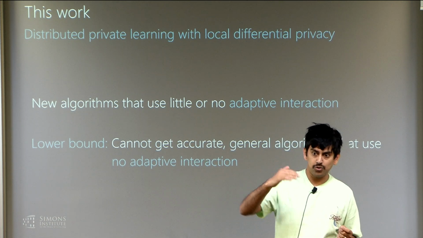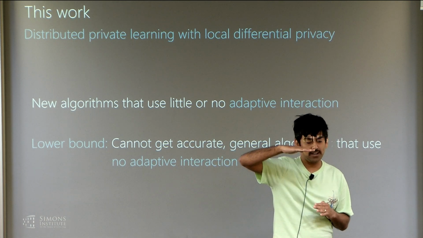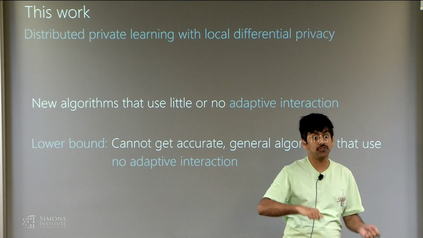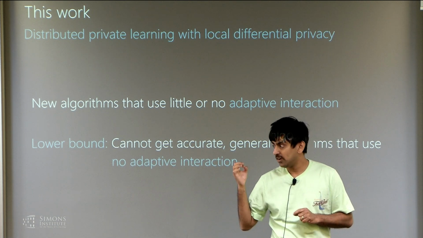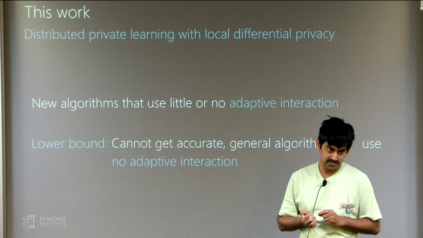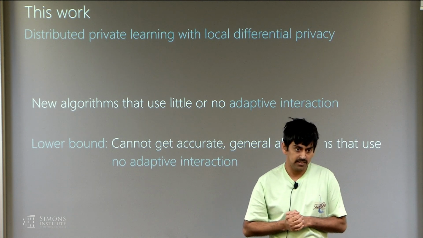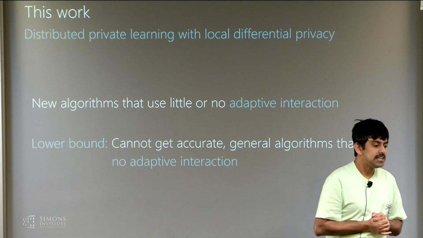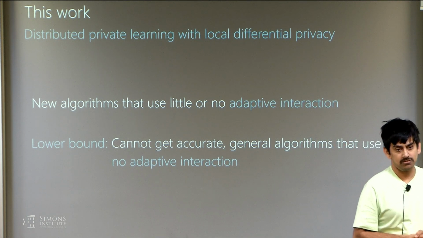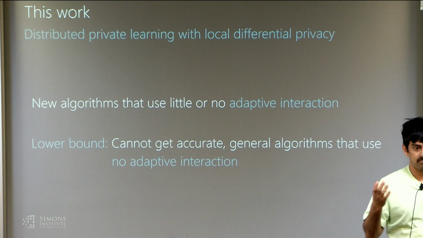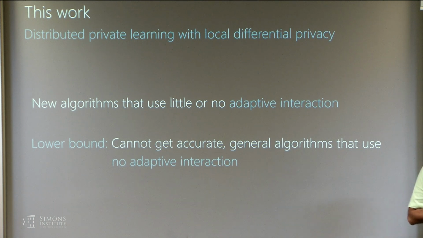But the rate at which you go to the accuracy that is achievable under differential privacy is the rate at which you would have gone to that accuracy even without privacy. So you go at like 1 over square root of t. The question is, is it always true? And that's where I would end my talk.